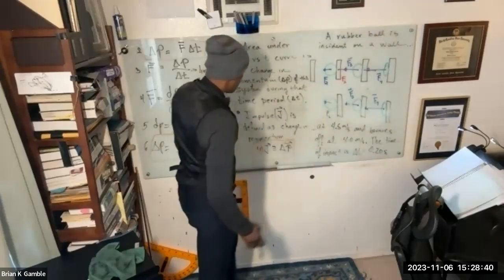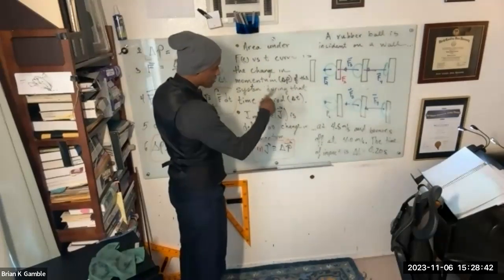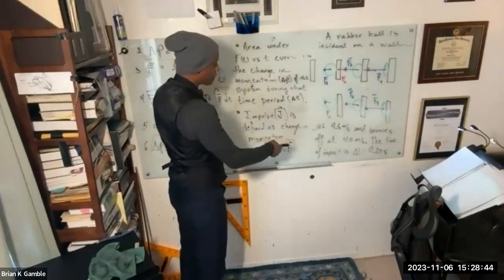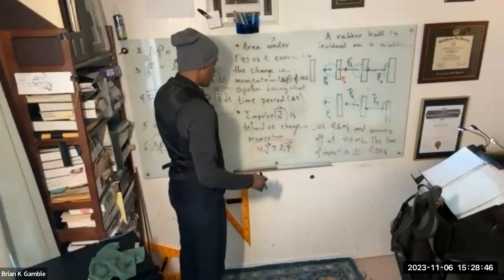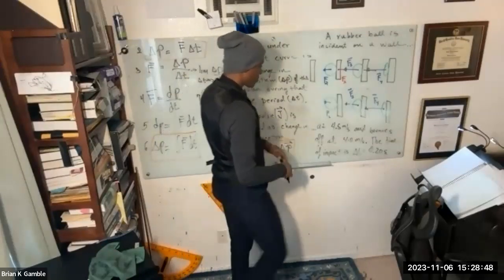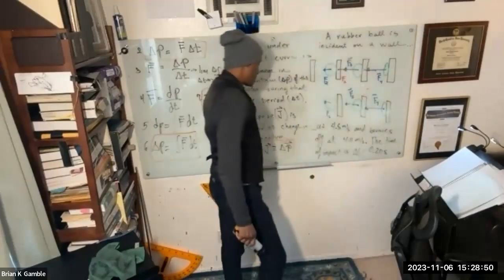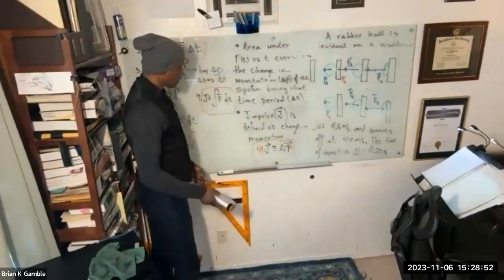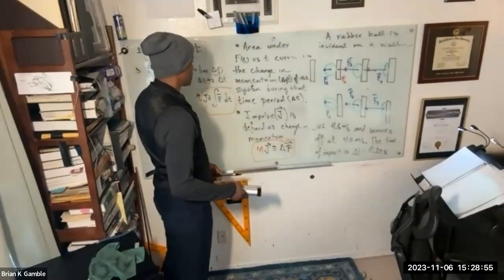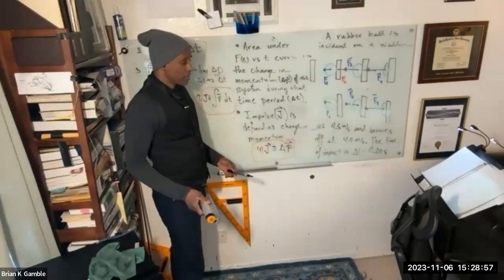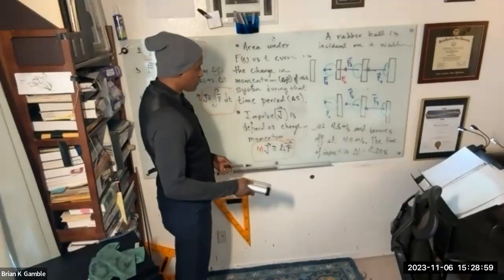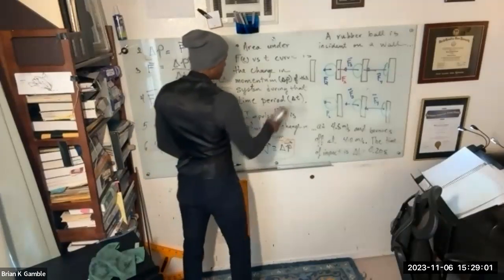Oftentimes with problems like this, they won't tell you the time. They'll have you estimate it. So don't let that throw you off, making you feel like you don't have enough information. With certain common things like collisions, you might be able to gauge an average time. That's what they're implying they want you to do.